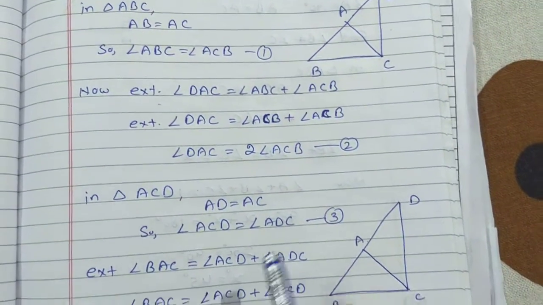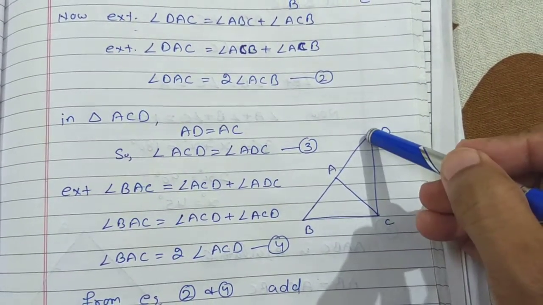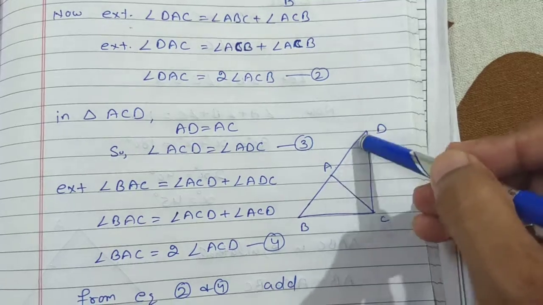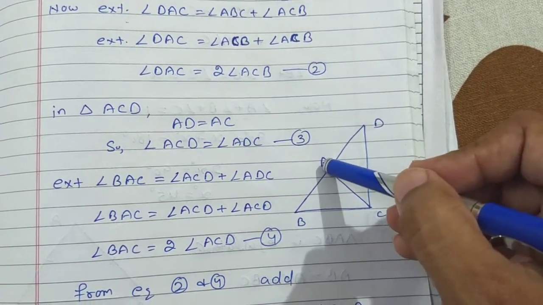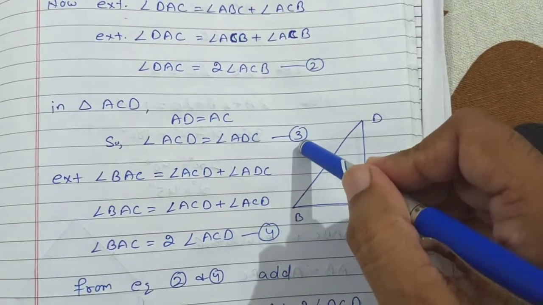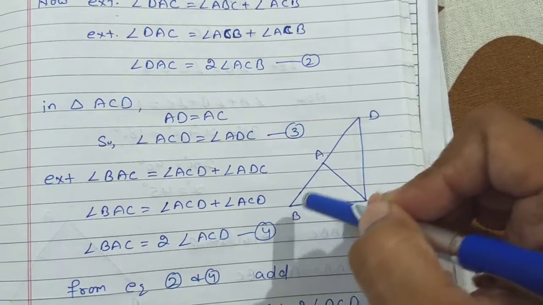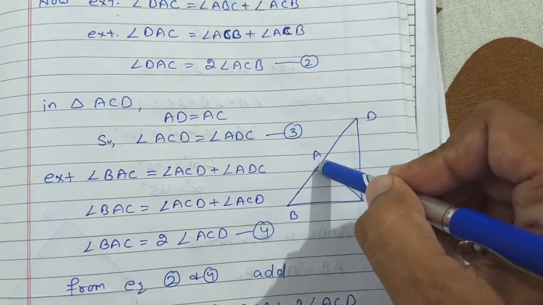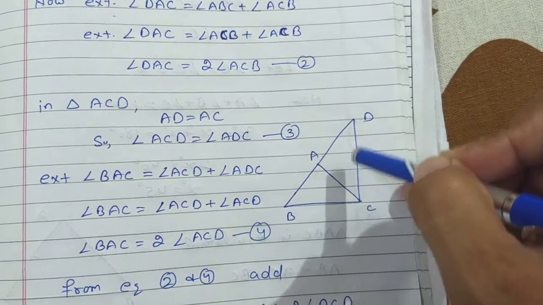Now in triangle ACD, here AD is equals to AC, so corresponding angles are also equal. So angle ADC and angle ACD are equal, that is equation number 3. Now we also apply the external angle property to BAC. So this angle is equals to sum of internal opposite two angles.